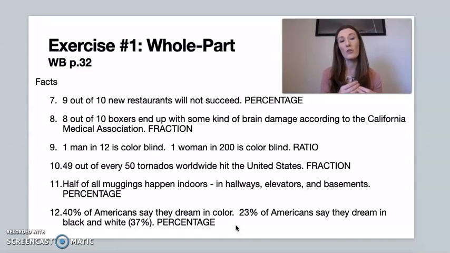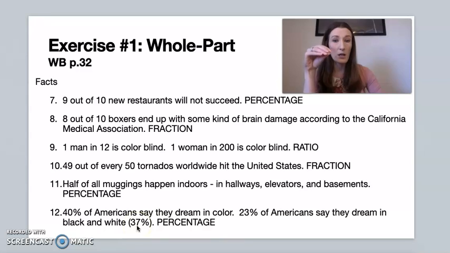Or it could also be 30% of Americans don't remember their dreams. Everybody dreams, but that 30% could have no idea because they never remember that. So whatever you want for that 37% is fine. Okay, but as long as you do all 3.